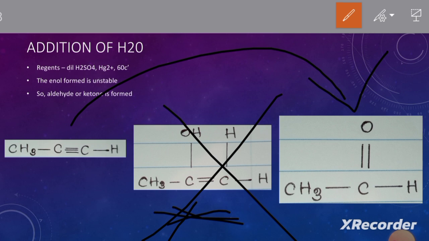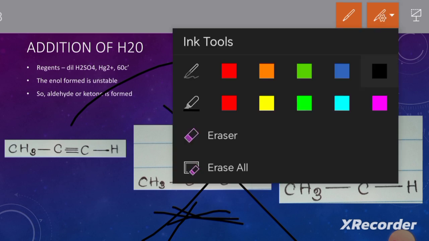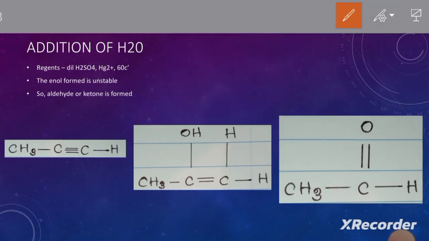So now I am going to teach you a direct method to write the aldehyde or ketone production from the alkyne. What you should do here is put the maximum number of hydrogen on the carbon atom with maximum hydrogen.